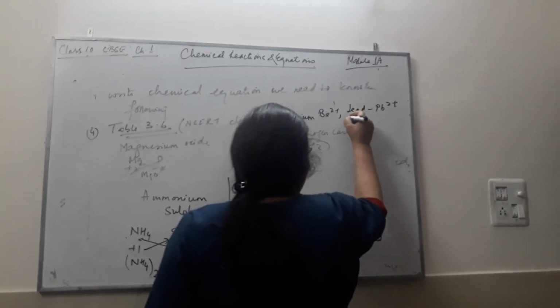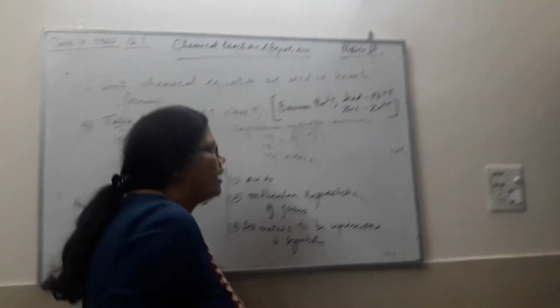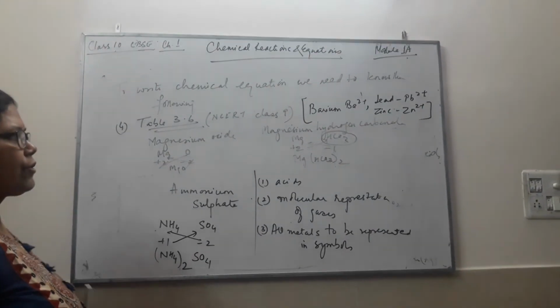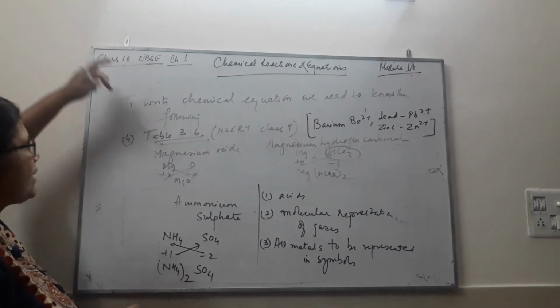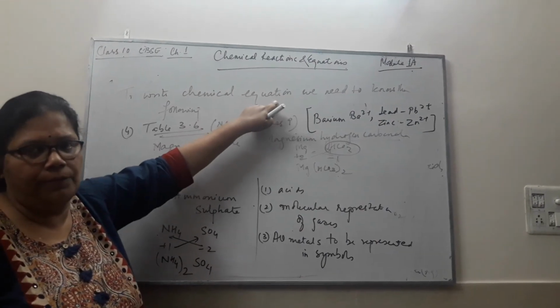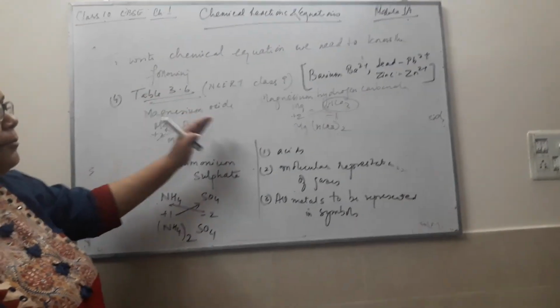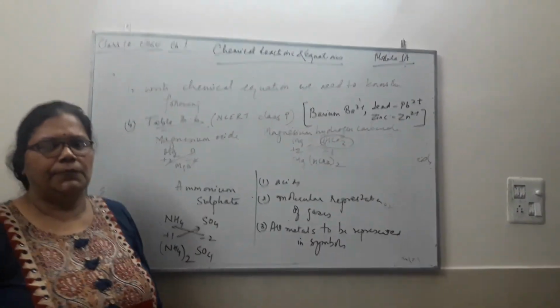One more, zinc, I think it is not there, so again you have to remember this, Zn2 plus. So child, today you know the basic things required to write a chemical equation. We'll continue the writing of chemical equations and balancing in module 1B. Thank you.